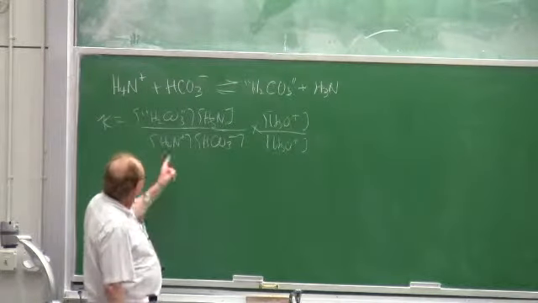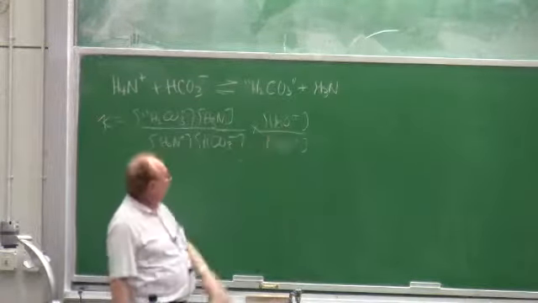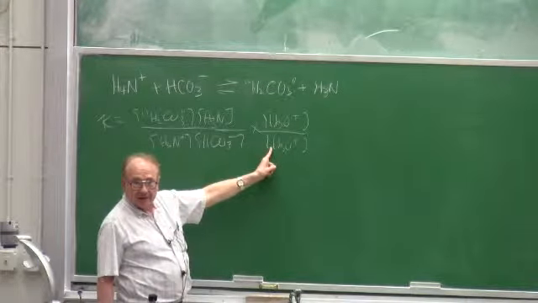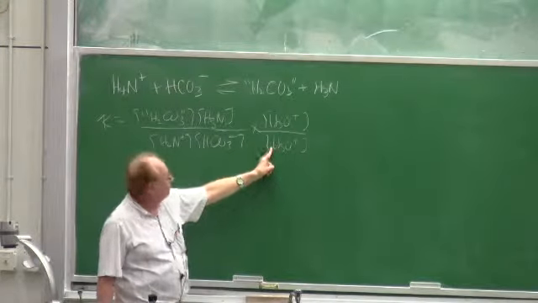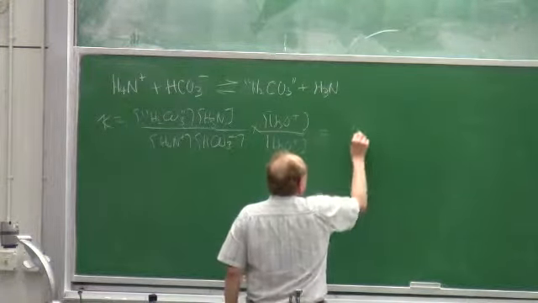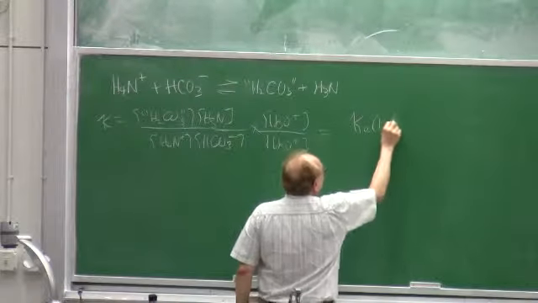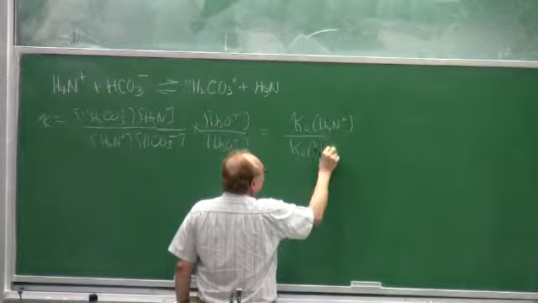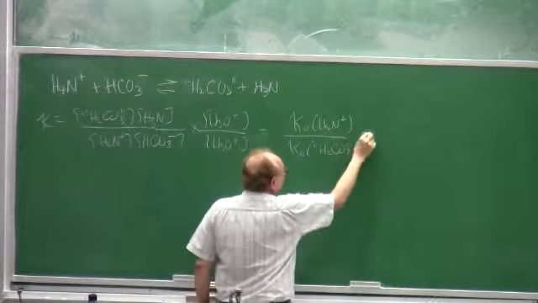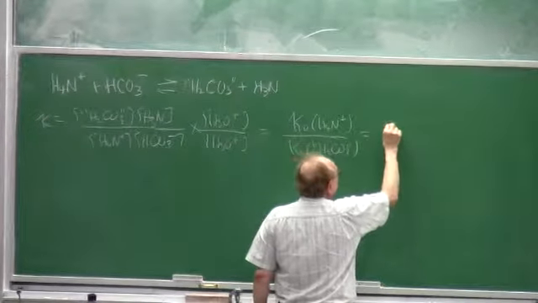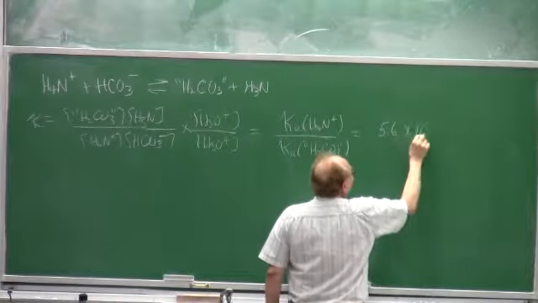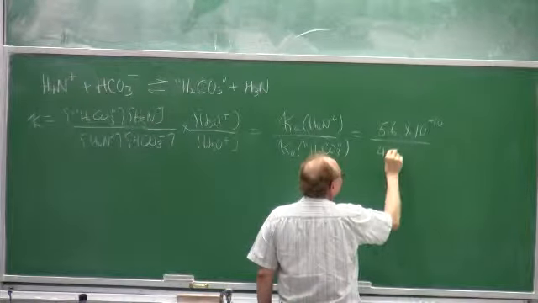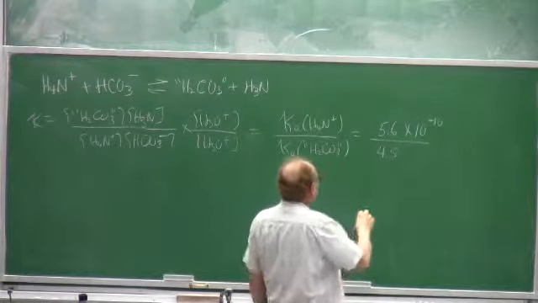Now if I play this game, this is Ka ammonium ion, okay? And this is 1 over Ka for the hydrated CO2. So I put in the numbers. 4.5, I think it's 4.5.